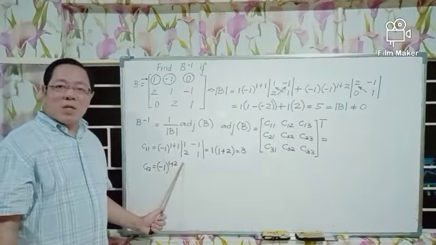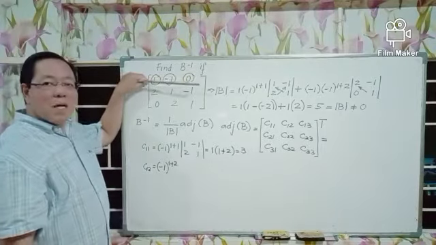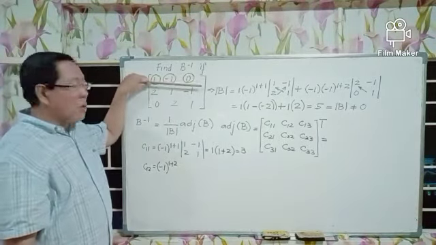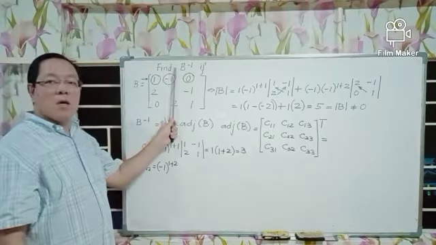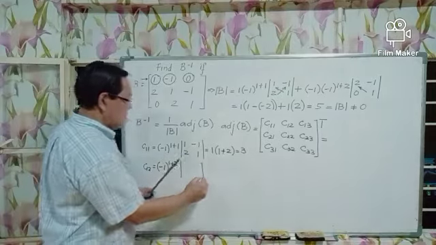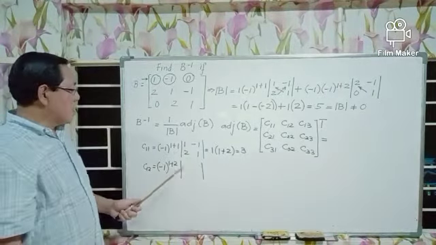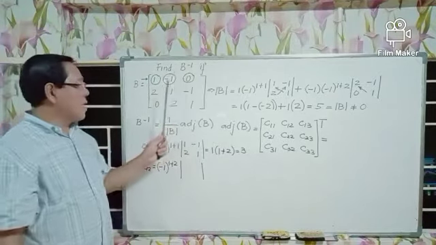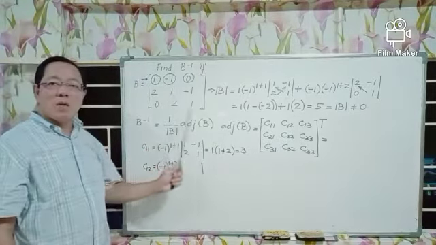Multiplied by determinant of order 2 obtained by deleting the first row and second column. If you delete the first row and second column, the entries that remain are 2, negative 1, 0, 1.